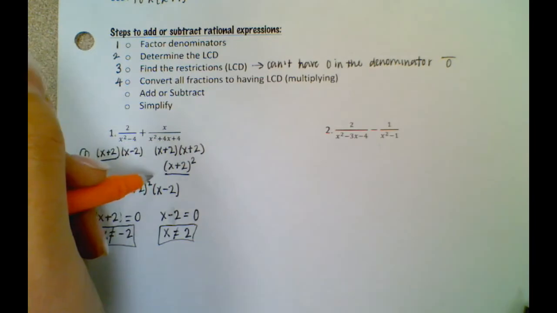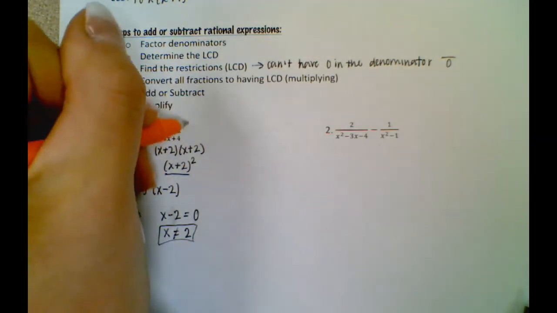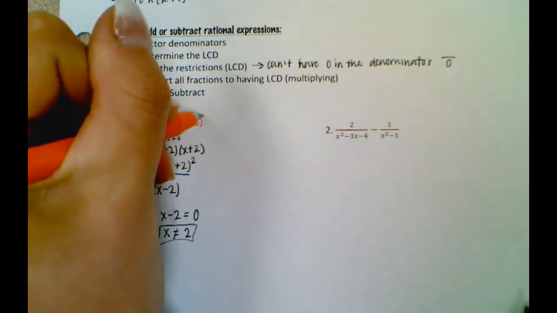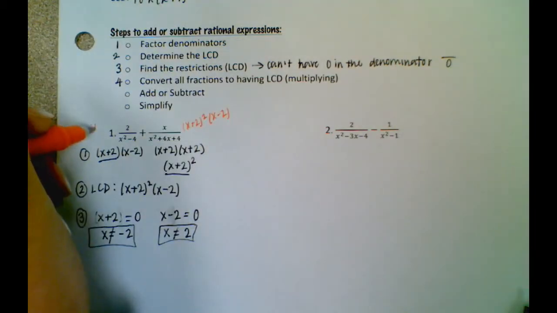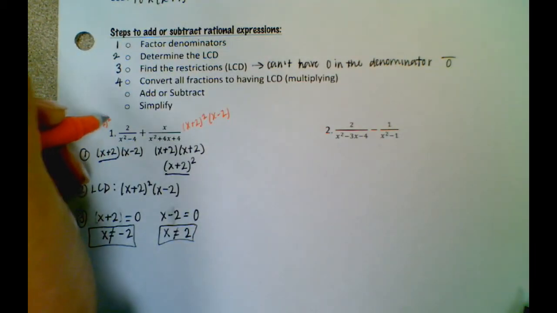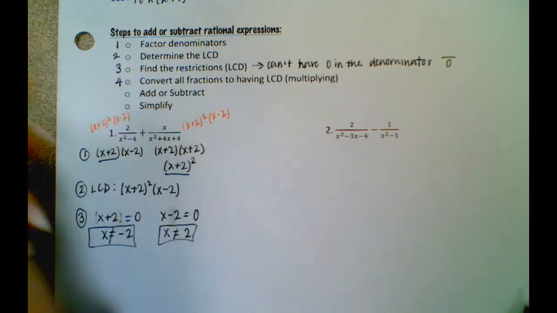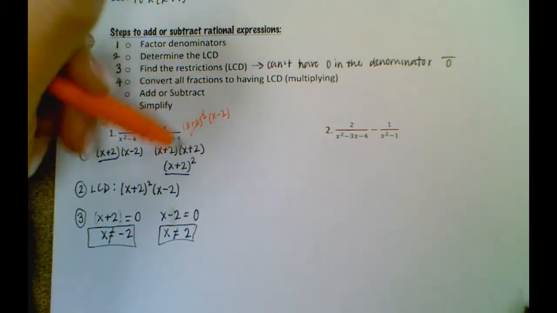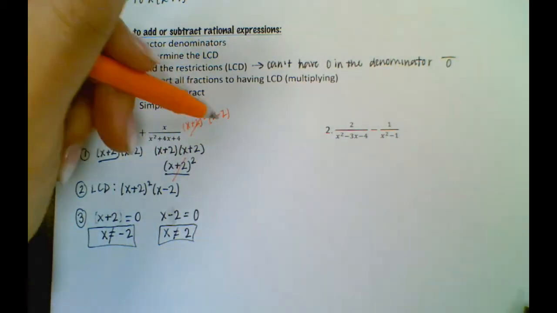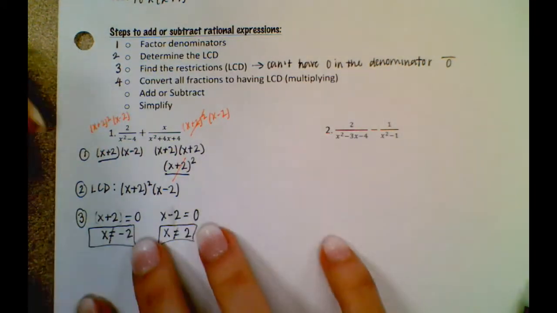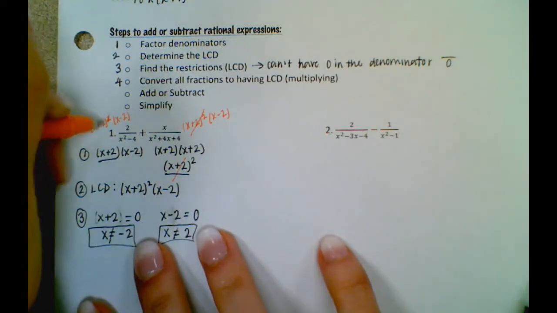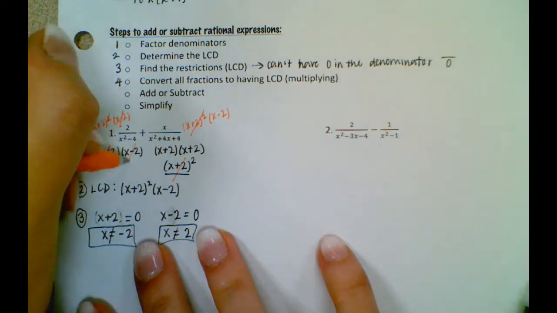I'll be multiplying this guy by x plus 2 squared times x minus 2, and this term by that, x plus 2 squared, x minus 2. The reason we do that is because these will cancel. So this will cancel with that. Only one of them will go out. And this x minus 2 will cancel with this.